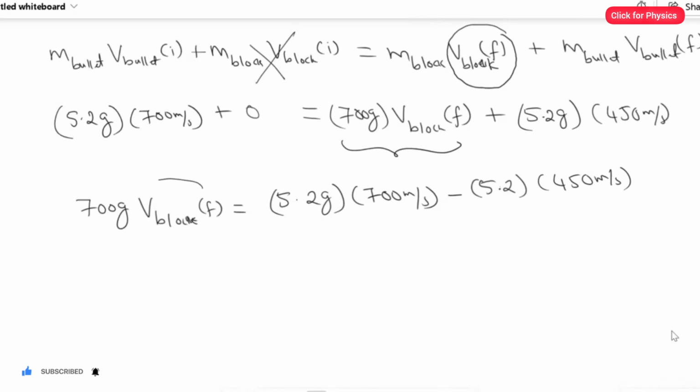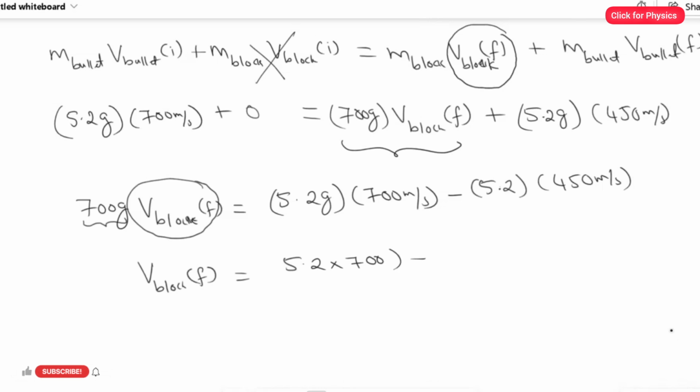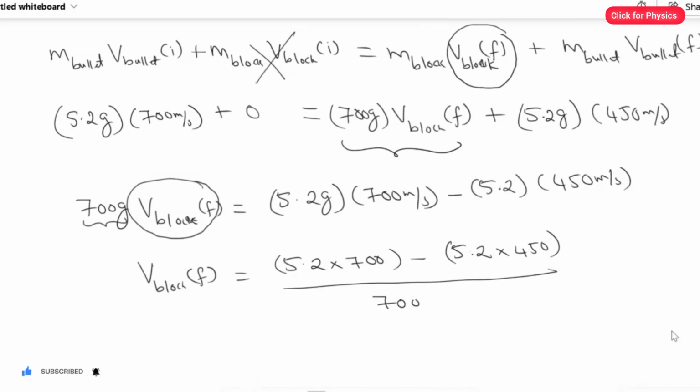We are finding V block final, so I move this 700 gram to the denominator. V block final equals 5.2 multiplied by 700, minus 5.2 multiplied by 450, divided by 700 gram.